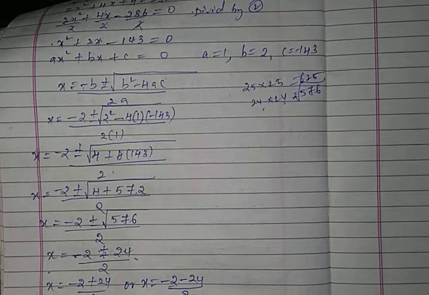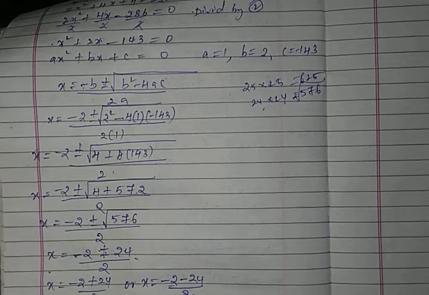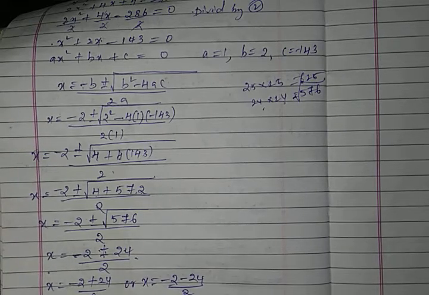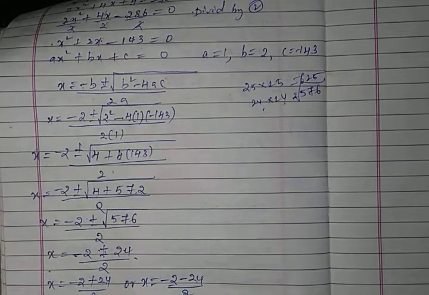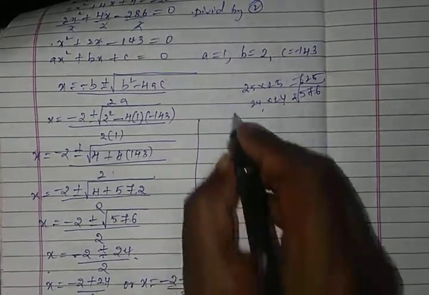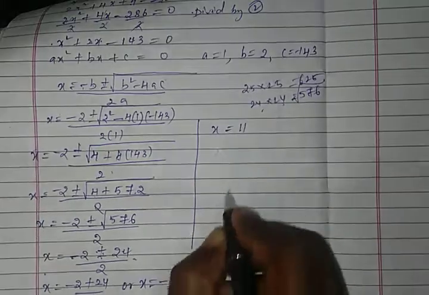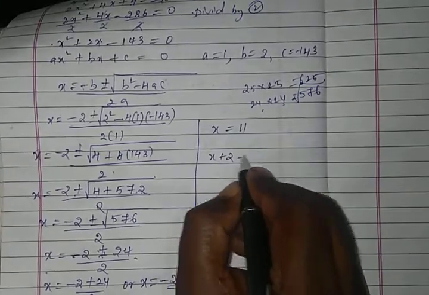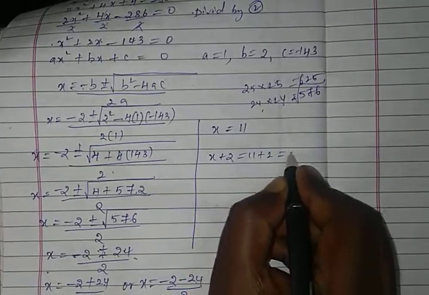Here one is 11 and the other one is minus 24. Here it is negative, so we cannot take it; only the positive integer is valid. So the first one x is equal to 11, and x plus 2 is 11 plus 2, which is 13.